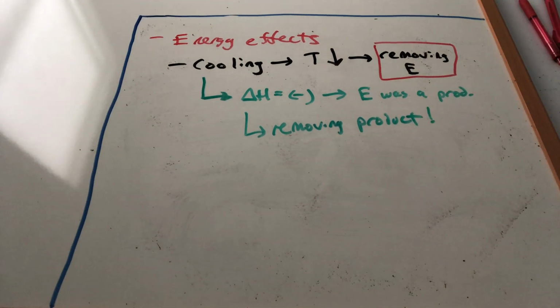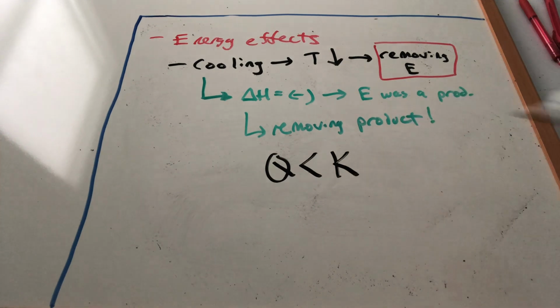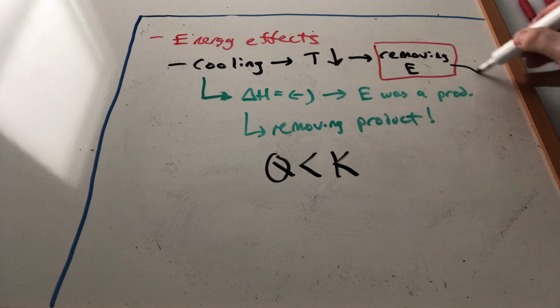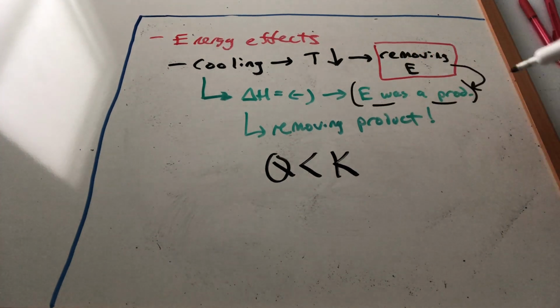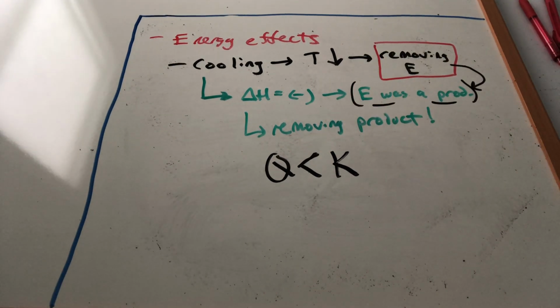From the last discussion that we just got done doing, when you remove product, your Q now is less than your K. So you're not really changing concentrations, but you are changing the thermodynamic property of the situation. And like I said, the logic flow here is, I'm removing energy. If energy is a product, I know what happens when I remove product. If I remove product, Q is less than K.